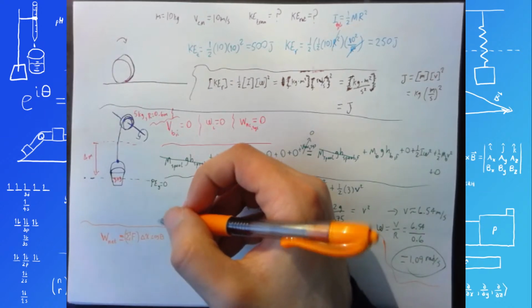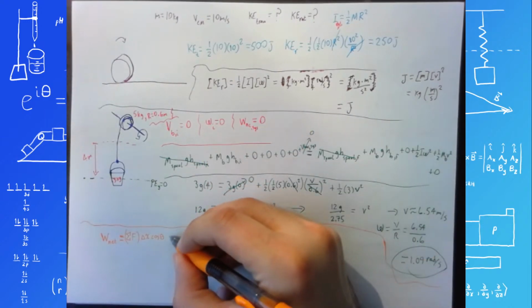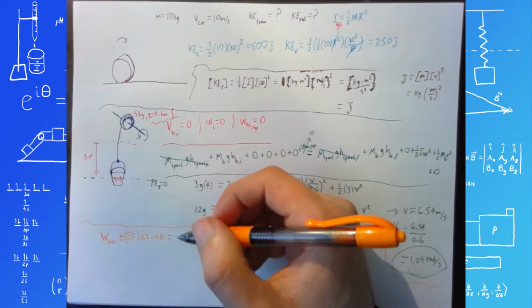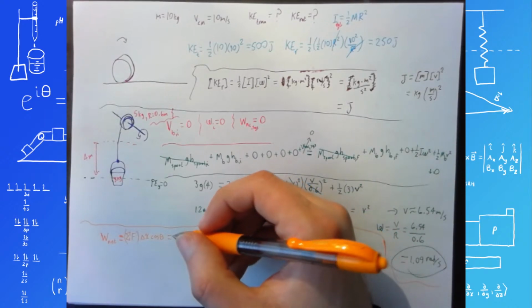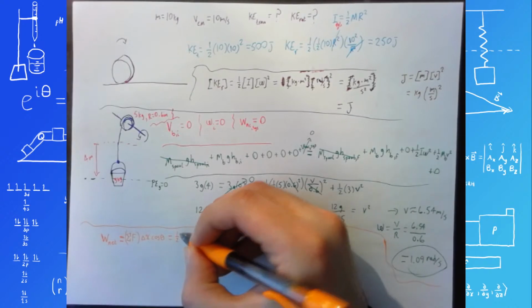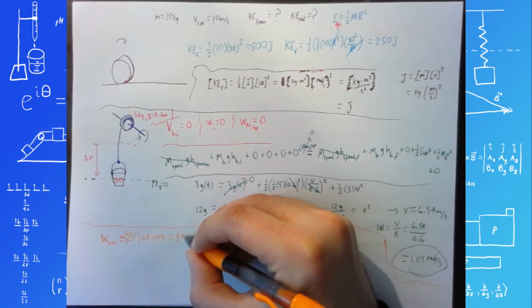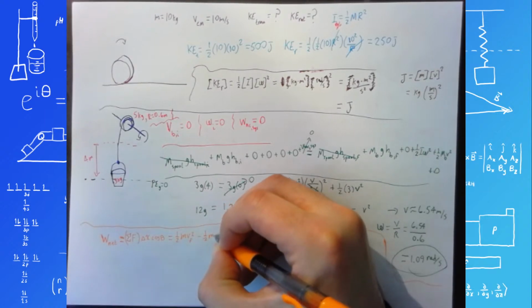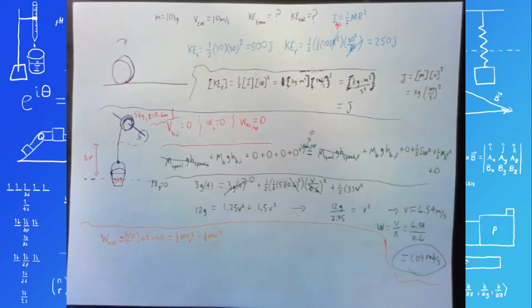We'll say for the sake of simplicity that cosine theta is equal to 1 for this problem, just to keep things simple. Well, net work is equal to what? It's equal to the change in kinetic energy. It's equal to 1/2 mv final squared minus 1/2 mv initial squared is what we learned. That's our work kinetic energy theorem.